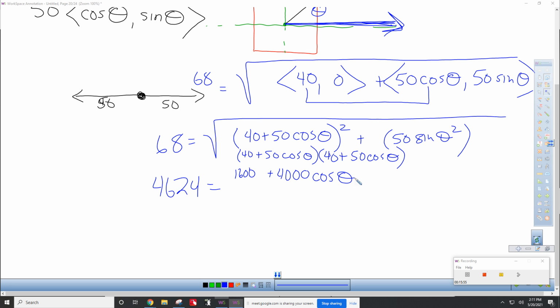I'm literally just FOILing here. Plus 2500 cosine squared theta. Okay, subtract the 1600 from both sides. We want to get it all on one side.